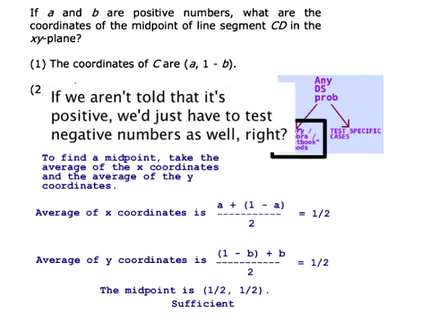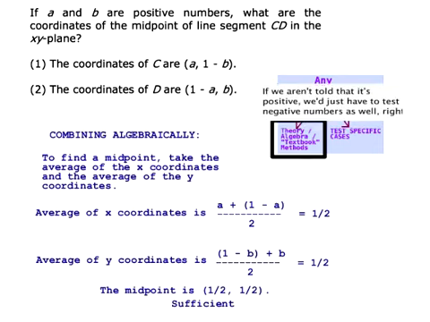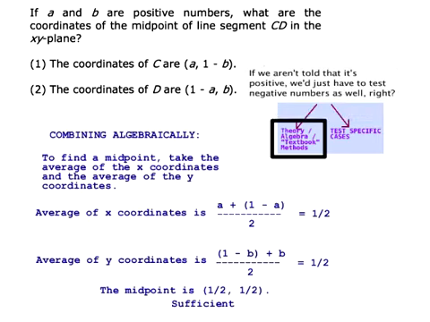Okay, what's interesting about this is that for the most part, the positive number restriction is not super relevant here. But let me just tell you what they're doing with that. They're just trying to make sure that C and D don't end up being the same point.